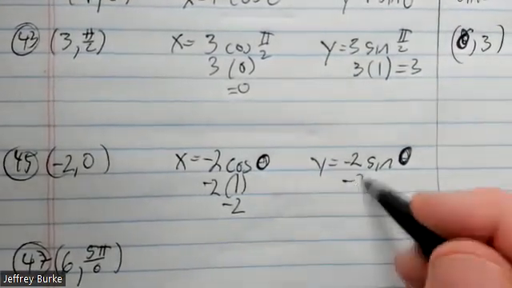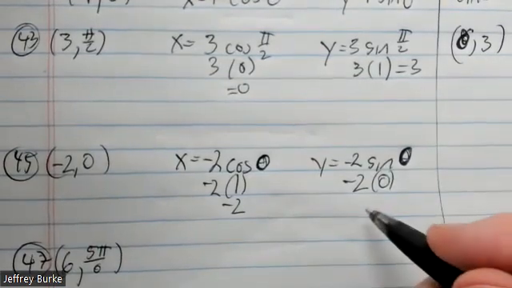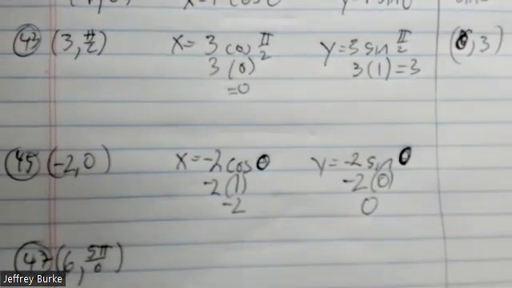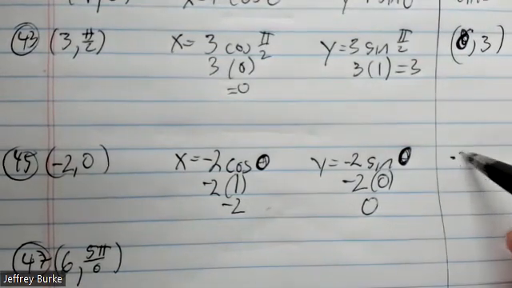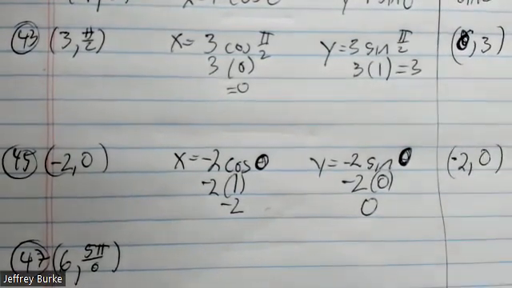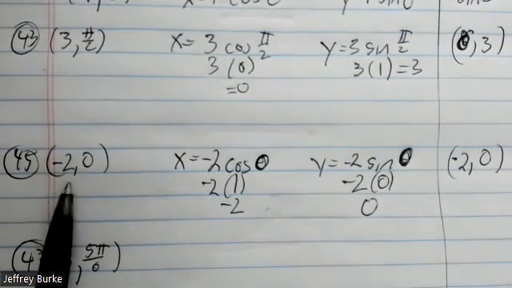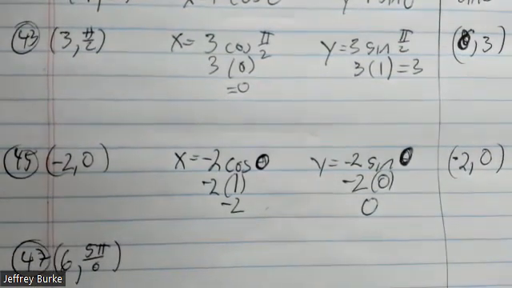The sine of 0, that's equal to 0, so that's gonna equal 0. So this point here is gonna be -2, 0. It's exactly the same as it is in polar, actually. Which doesn't really happen often, but it does happen from time to time.